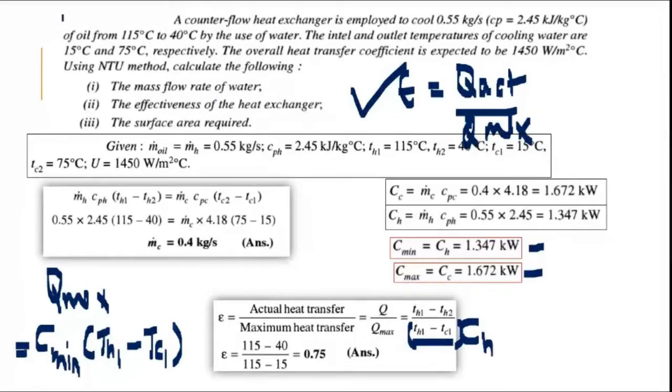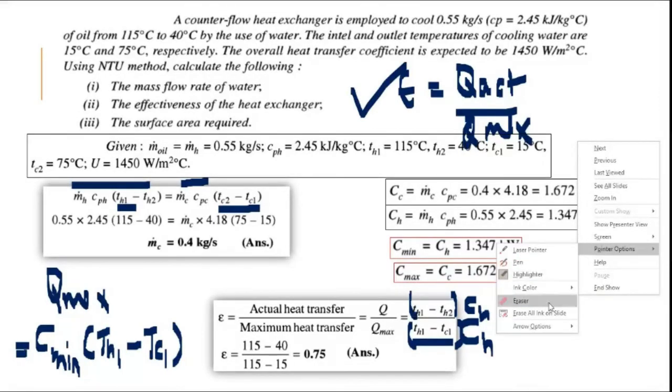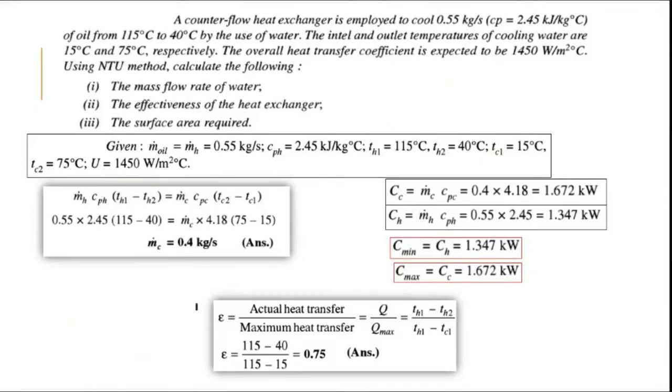For actual rate of heat transfer, we have two formulae. One is CH into TH1 minus TH2. The other one is CC into TC2 minus TC1. Here we have used CH multiplied by TH1 minus TH2. So what happens to the CH portion? Will it get cancelled out? Yes, sir. The CH value gets cancelled out, and we get the effectiveness for this particular case.